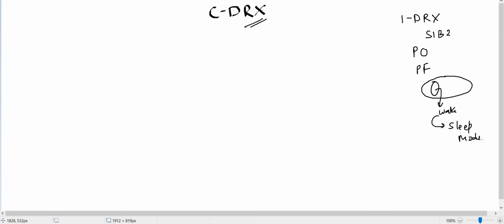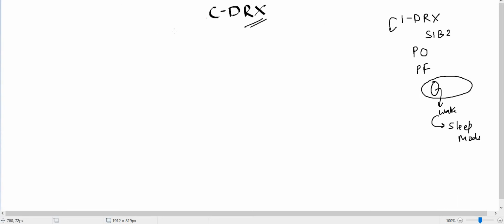So the UE doesn't have to decode PDCCH in each and every subframe, which saves its battery, but only if the UE is in idle mode. Now we will see how in C-DRX the battery can be saved in RRC connected mode.